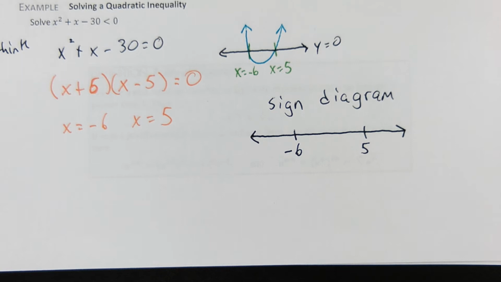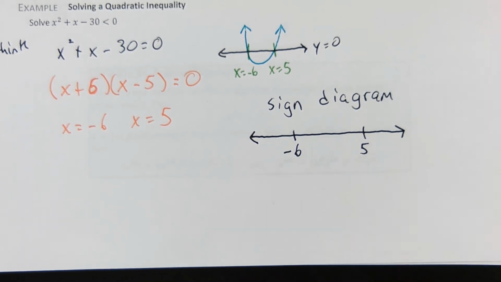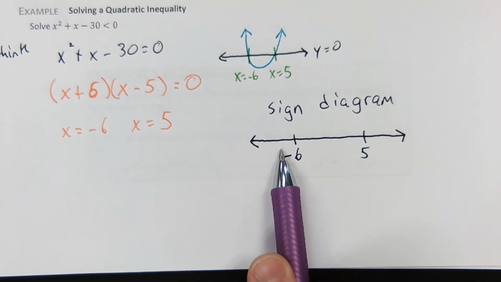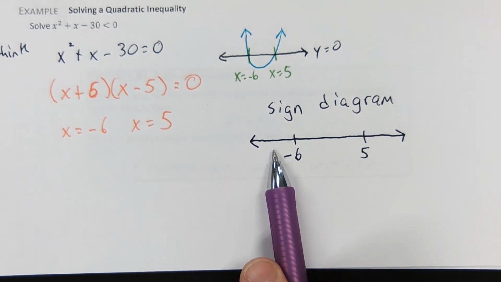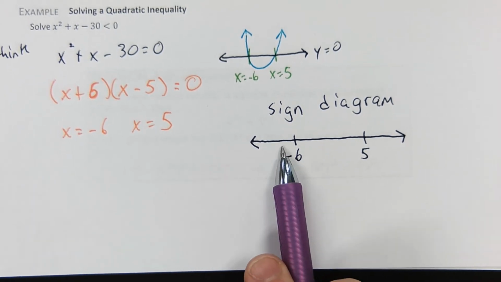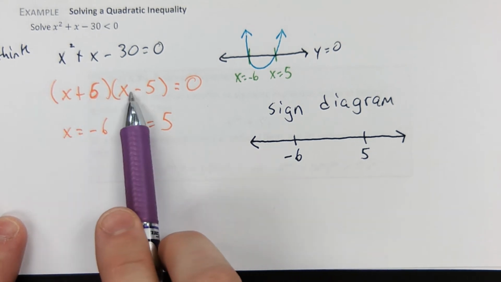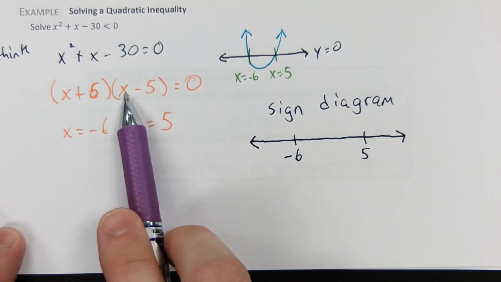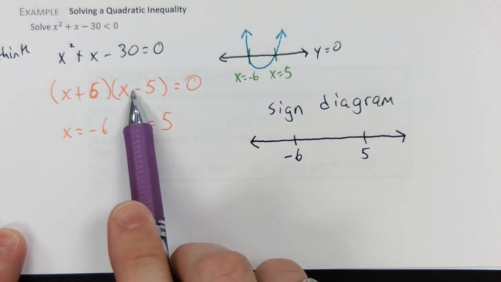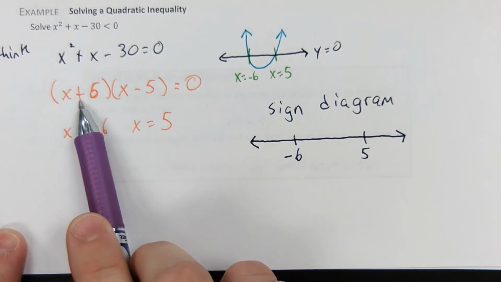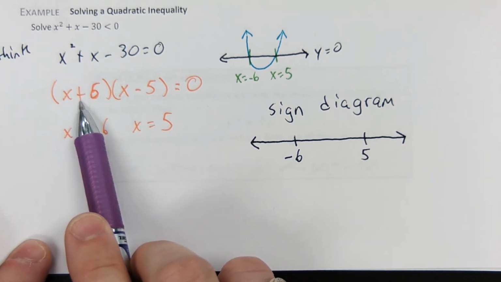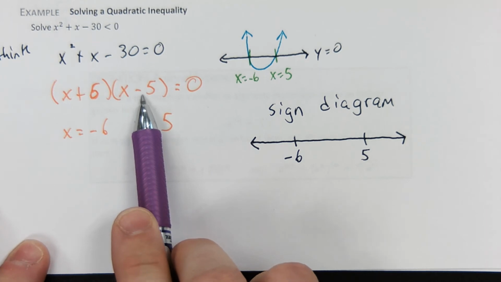So what you have to do is take a representative number from each of the three zones. For example, -7. I already said this one. We take -7, we drop it here and here. Now, I don't care what the number is actually going to be. All I care about is whether or not it's positive or negative. -7 plus 6 is negative. -7 minus 5 is negative.